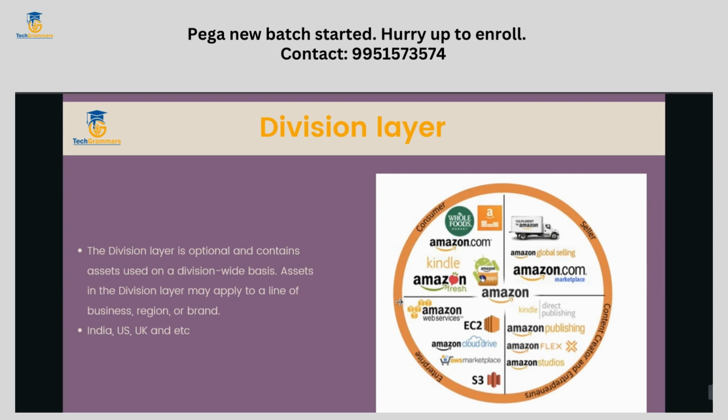Division is an optional case: if you have that many branches, you can use this division layer. If not, then don't use it. These are a few, we can say, consumer, seller, and so on, Amazon verticals operating in different zones, US, UK, like this.